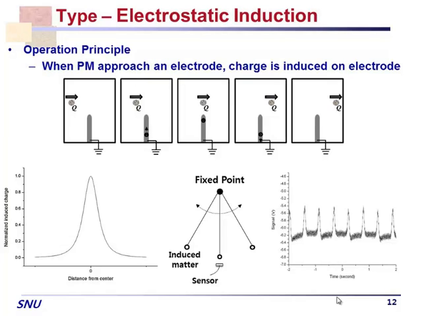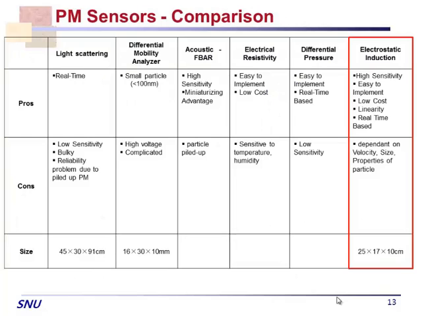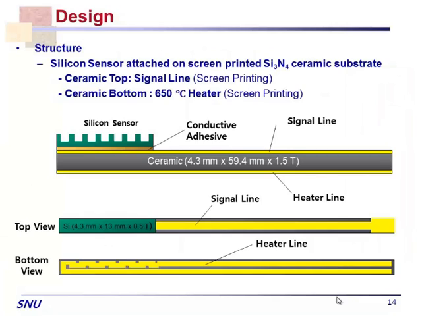Another approach is called electrostatic induction, in the sense that when there is a sensing node and the PM is flowing, the charge changes as the charged particle moves. Here is some comparison, but because of time I'll just skip it.